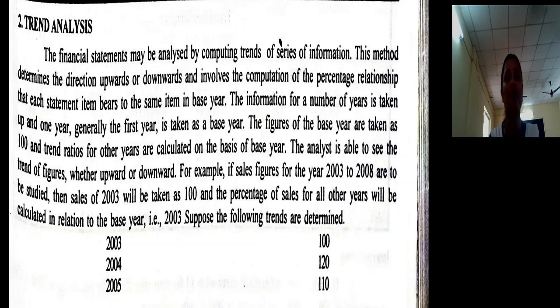This is all about trend analysis. In the sense, under trend analysis or trend percentages, what we do is we identify changes that happen in a particular financial aspect during a particular year when compared with the same item in the base year.